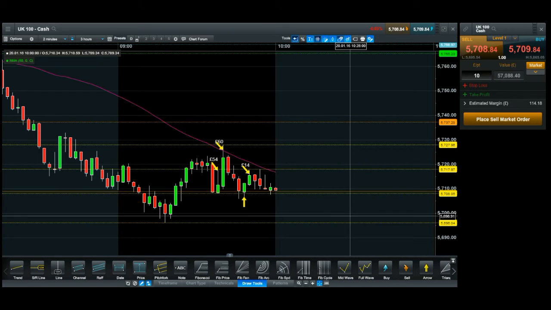Nope, that green is not a signal, so I wouldn't go for it. For a candle to be a signal, it's got to be reaching those points which I have mentioned.